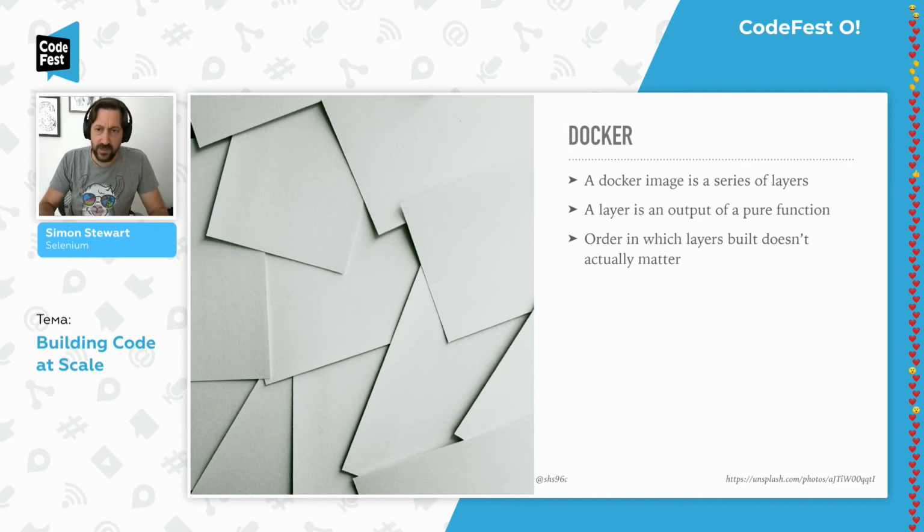So Docker, as I said, the image is just a series of layers, right? And if the layer is the output of a pure function, it doesn't matter what order you build the layers in. You can build it in any particular order and in any particular way, provided that the outputs are the same.